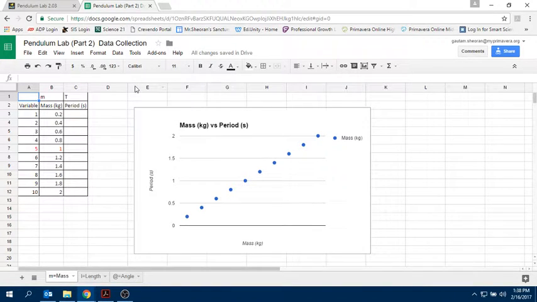This is a key component that we should always keep in mind: whenever we are designing an experiment, whatever the independent variable is that's changing, we want to make sure that the changes are always even, and that the changes represent a large enough range of numbers. So in this case, I have 10 numbers. 10 is usually the safe minimum that you should have for data collection.